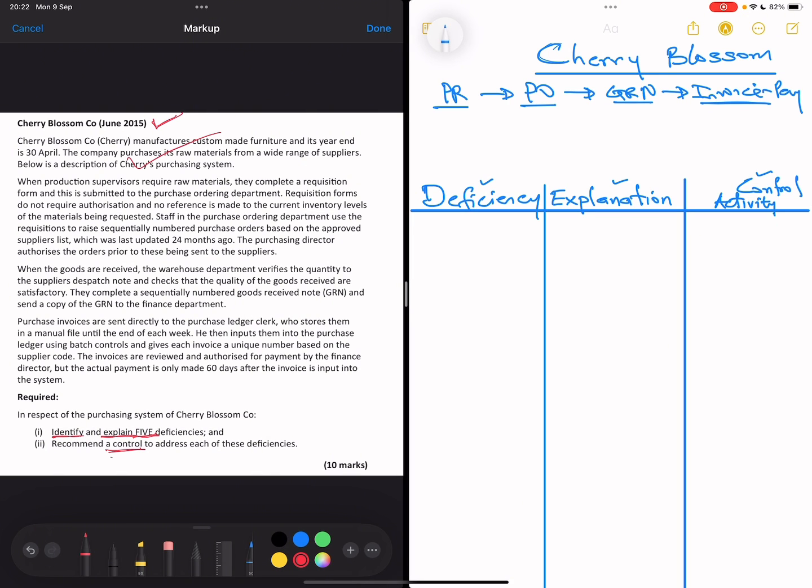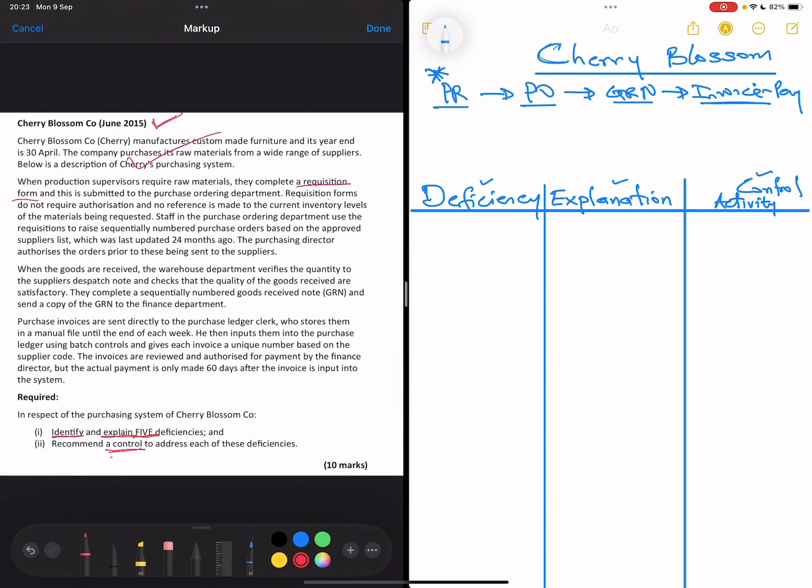When production supervisors require raw materials, now they're talking about need identification. They complete a requisition form, that is purchase requisition form, PR, and this is submitted to the purchase ordering department. Look at it.